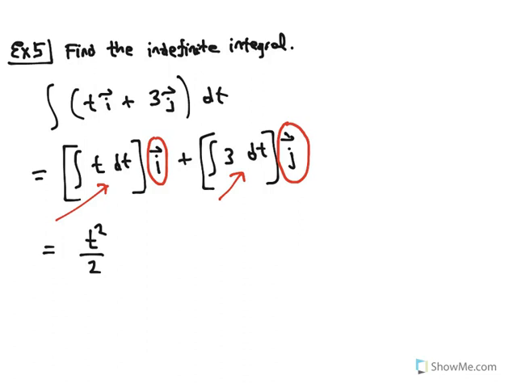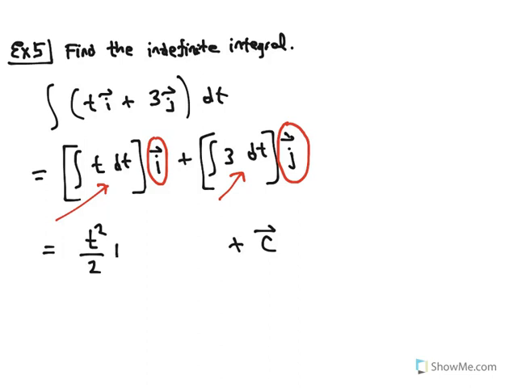So we will just have plus c, our constant vector, instead of worrying about each scalar constant of integration and doing it the way we saw with example 5 a couple of minutes ago.